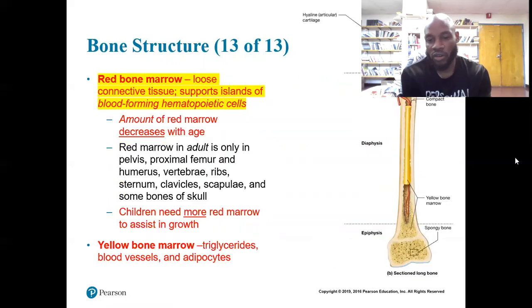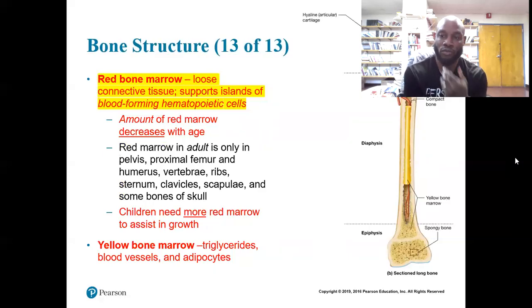The bone marrow, as we talked about, is a little bit different as well, right? So we have the red bone marrow, which is going to produce our red blood cells, which is very important for our cardiovascular system. Red blood cells last about 120 days, so we have to constantly be making red blood cells. But the amount of red bone marrow decreases as we get older because children are doing a lot of growing.